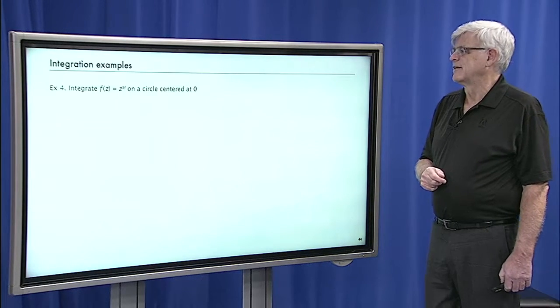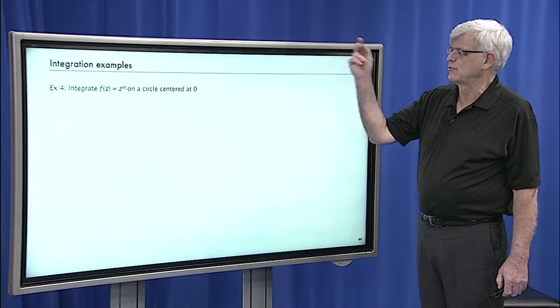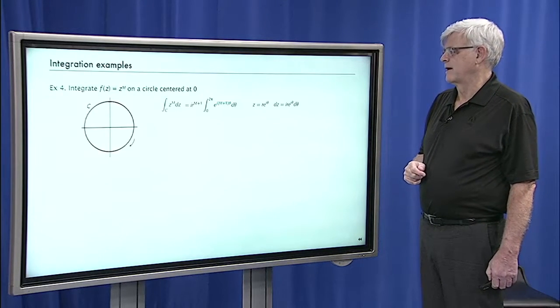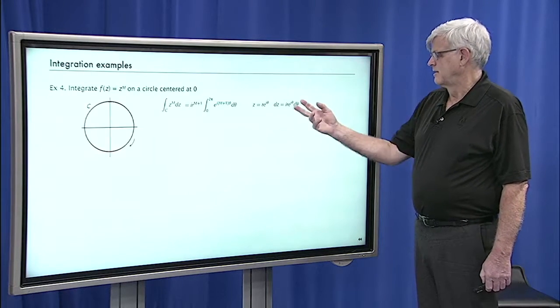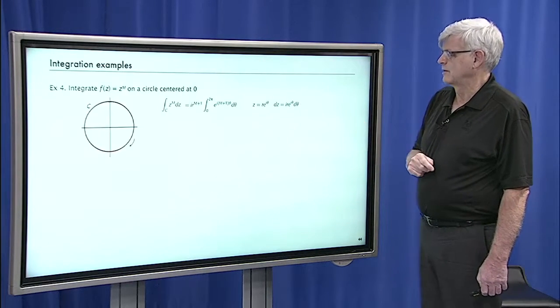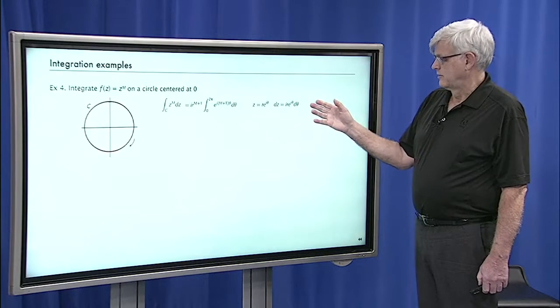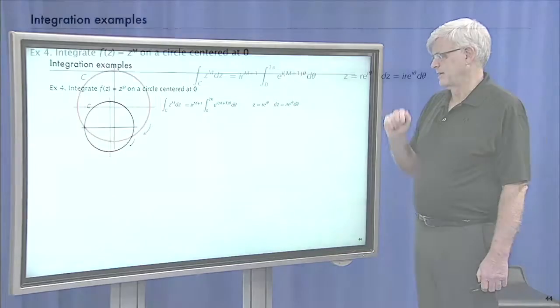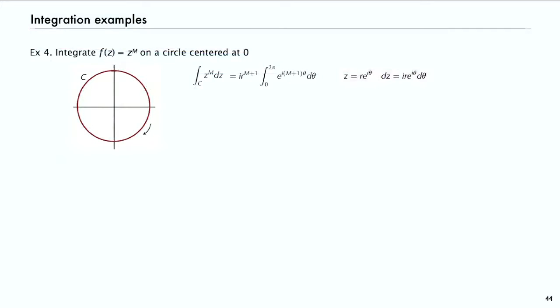So here's another one. Let's say it's z to a power on a circle centered at 0. So again, same substitution, z equals r e to the i theta, dz equals i r e to the i theta d theta. So z to the m is r to the m e to the i m theta. Multiply it out, now we have e to the i (m plus 1) theta d theta. And now there are two cases.